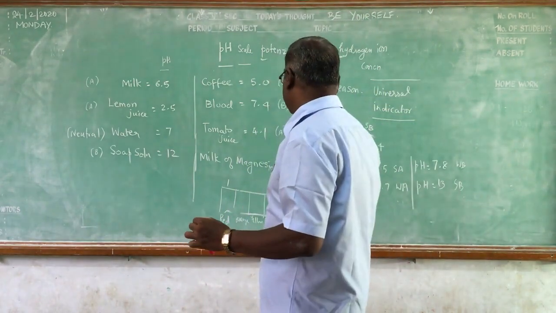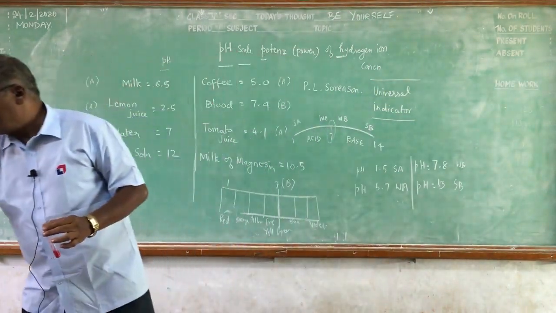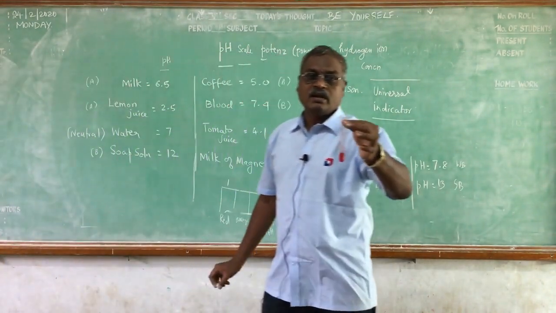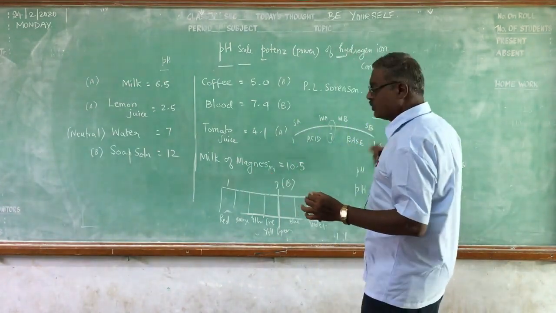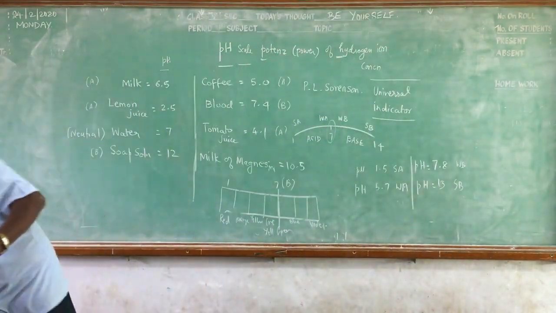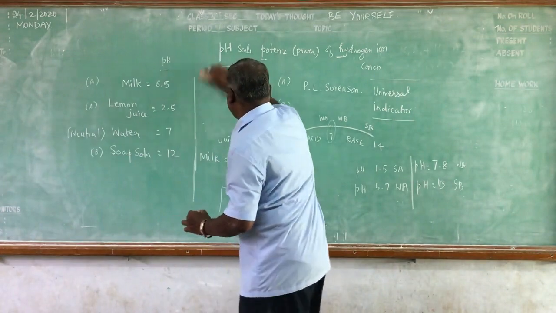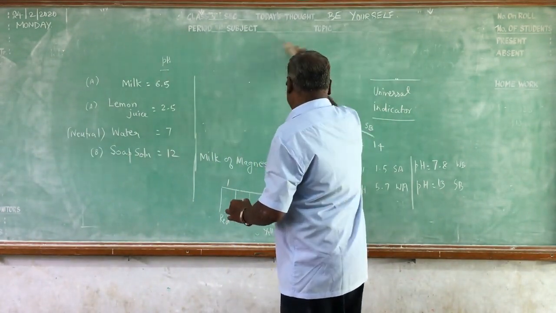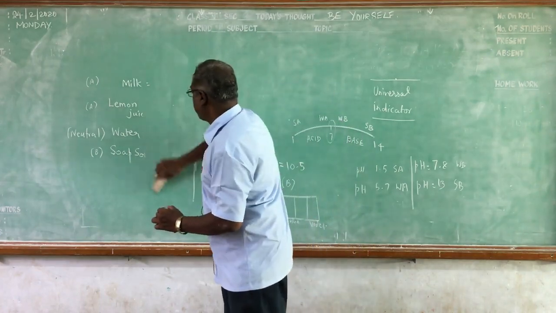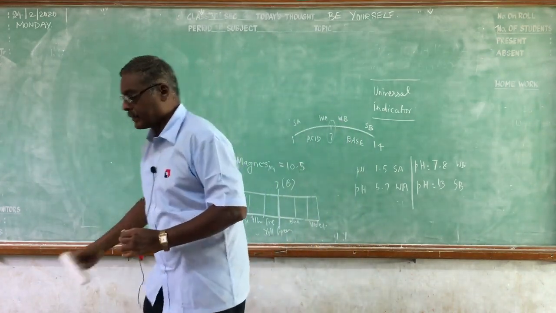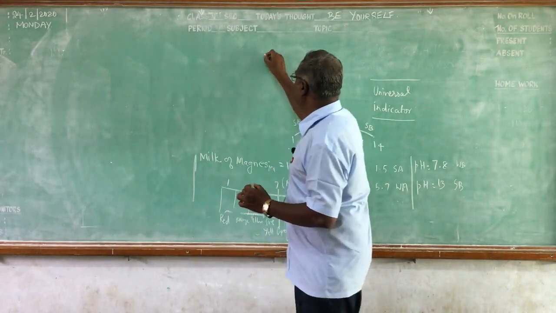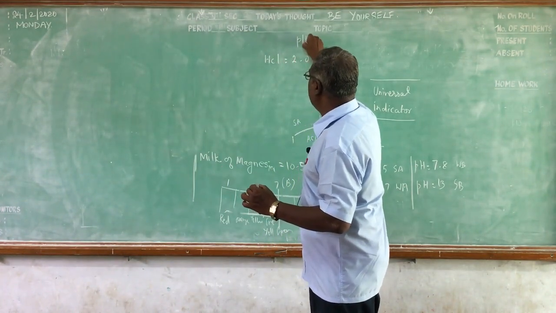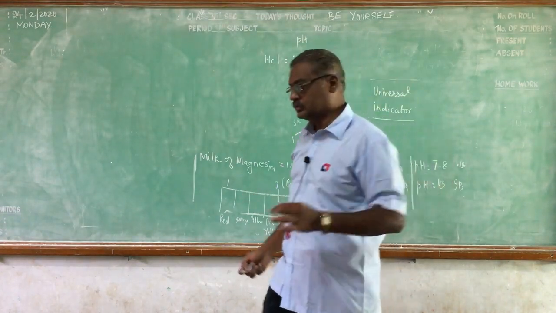So if I get a red or pink color, then the pH will be 1 or 2. For hydrochloric acid, these are all approximations only, I got approximately the value 2.